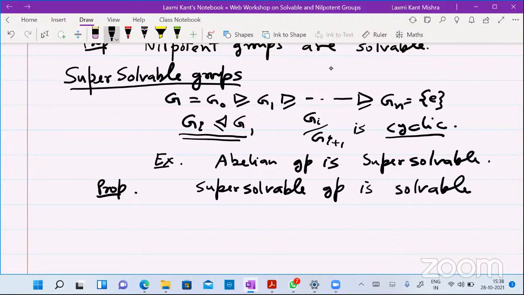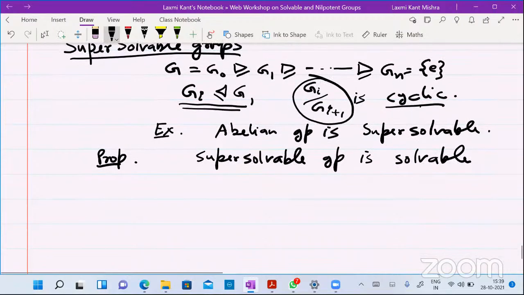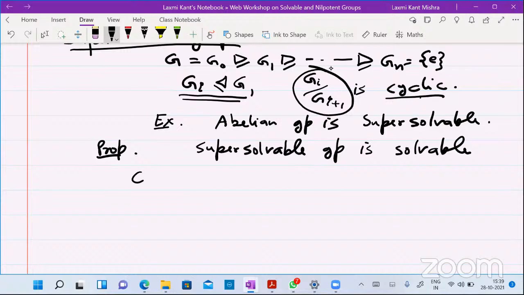It is by definition. Since Gi by Gi plus 1 is cyclic, it is abelian. Hence this G is a solvable group. But the converse of the above may not be true.